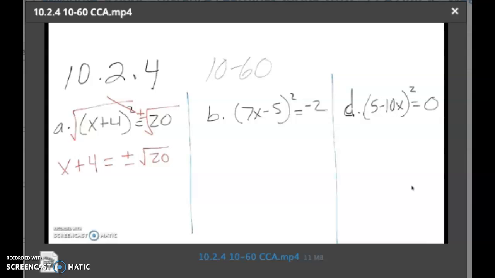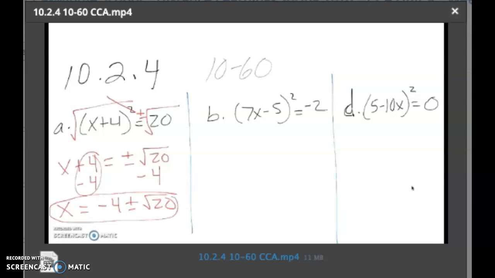Okay, so now 20 is not a perfect square, so I'm not going to be able to take that square root and get a nice whole number, so I'm going to just leave it like that. And then I just want to keep solving for x, so I'm going to subtract 4 from both sides. So now I have that x equals negative 4 plus or minus the square root of 20. All right, so that is my solution.